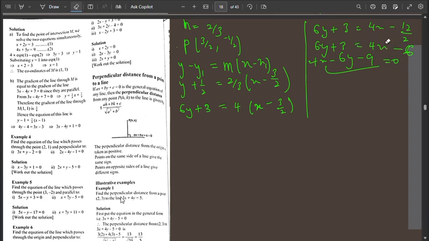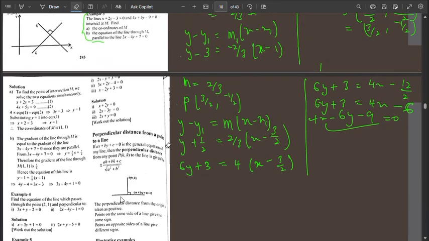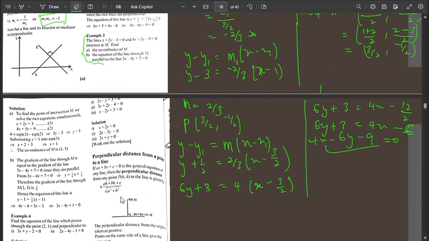We maintain the 4x at the side, we brought 6y to that end, and then we brought 3 to the other end, and then we should flip the whole equation. Right, so you try that, and then you try other equations too, other questions too.